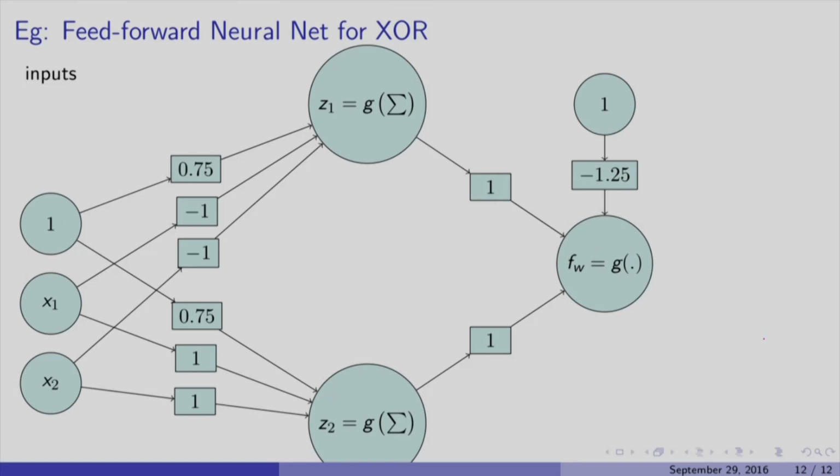So one can easily convince oneself that this particular 3 node perceptron neural network will actually give you the XOR function. We will leave it as homework for you to evaluate the 4 possible inputs on this neural network.